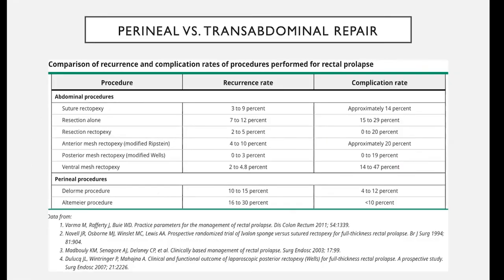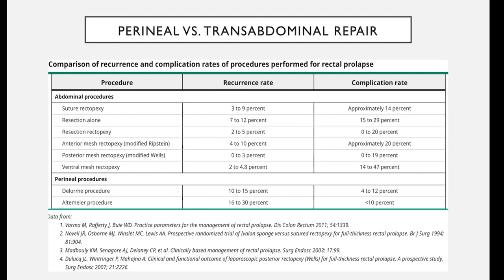Outcomes for perineal versus transabdominal repair. You can see the recurrence rates for the abdominal procedures are much lower, ranging from 2 to 10%, at the highest 10%. There is a slightly higher rate of complications with the abdominal approach, and the recurrence rates for the perineal approaches are higher, ranging from 10 to about 30%, but have a lower complication profile.